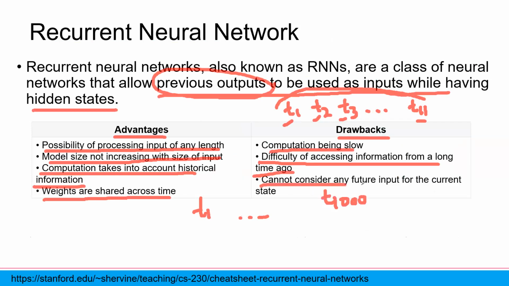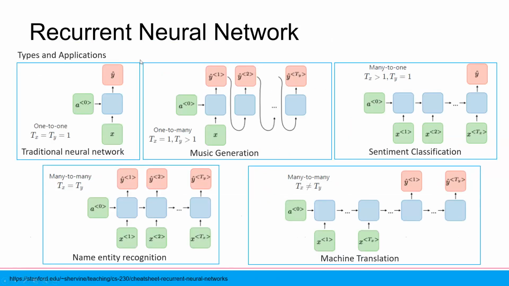And it cannot consider any future input for the current state. Of course, we cannot have the input of T1001 to improve it. So this neural network, the RNN, is typical with some applications.